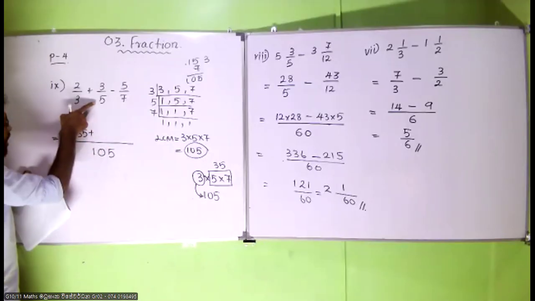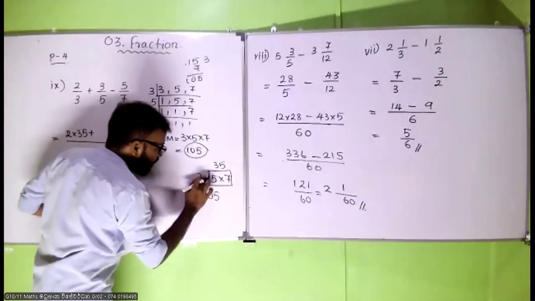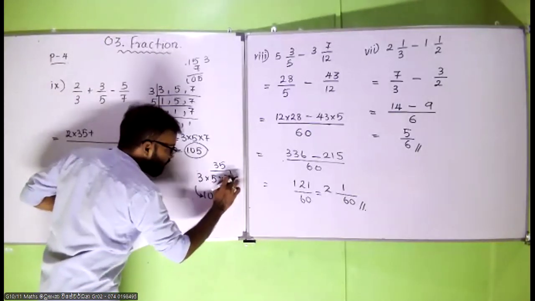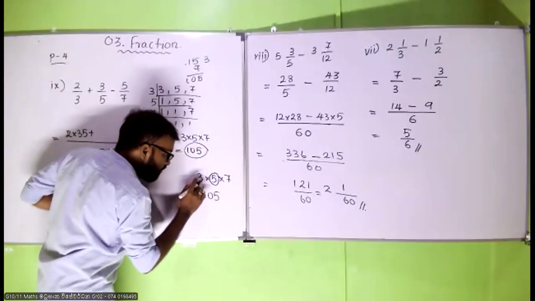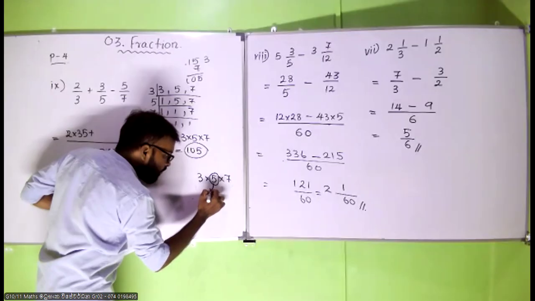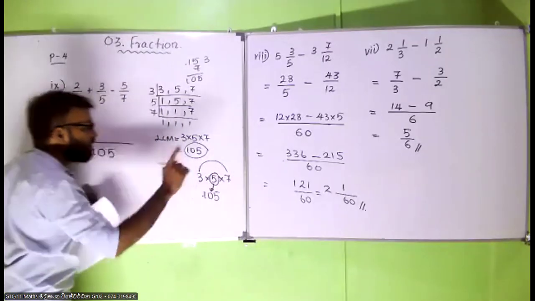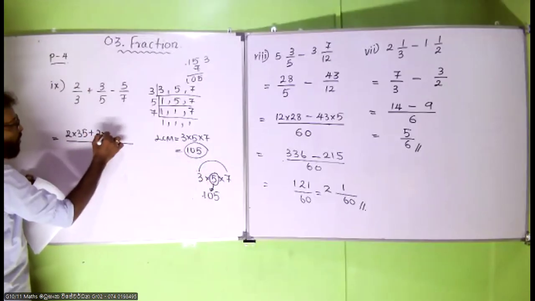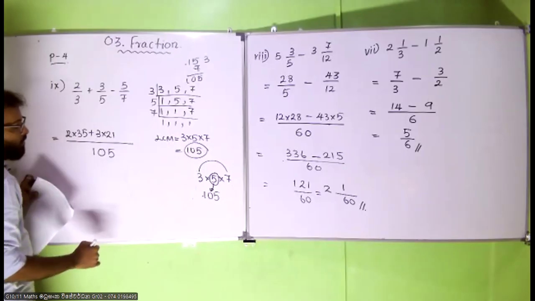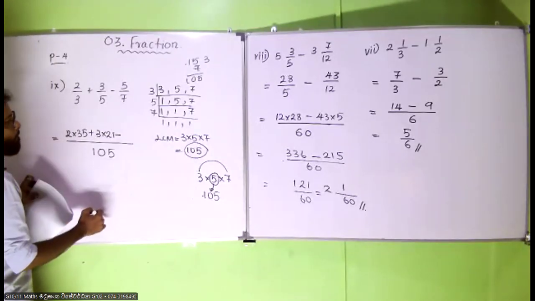Plus. How many 5s are there for 105? 3 into 7, 21. 21 fives are there. 3 into 21. Alright. Minus.